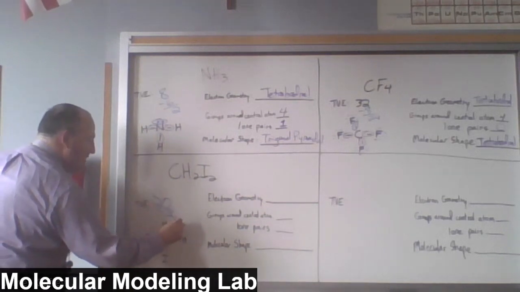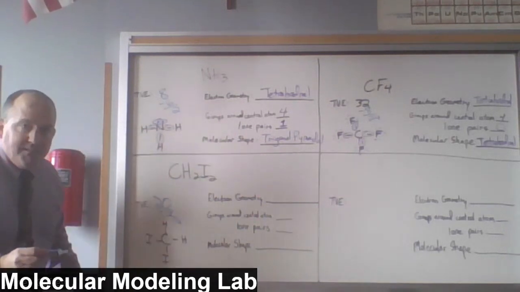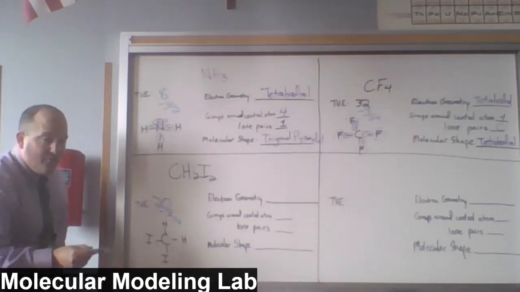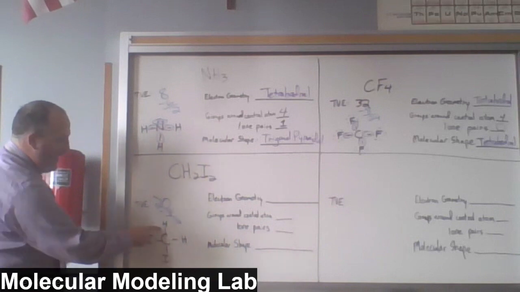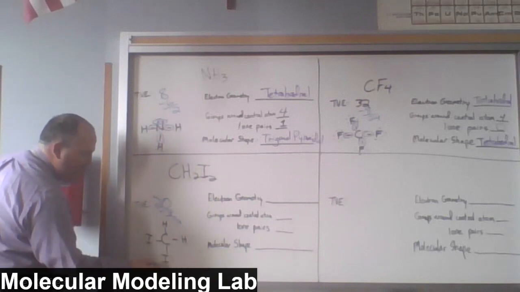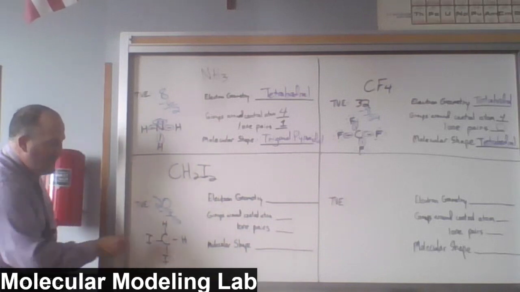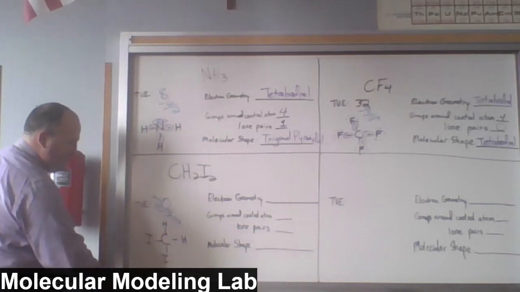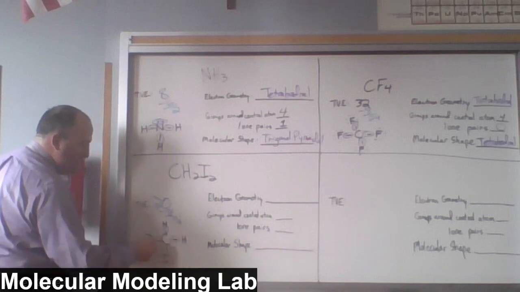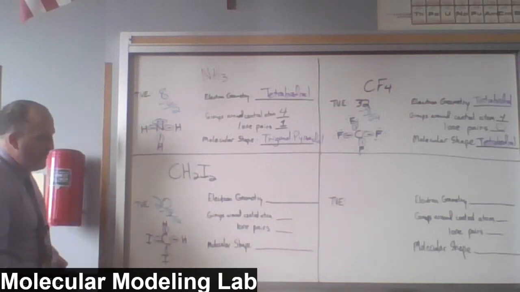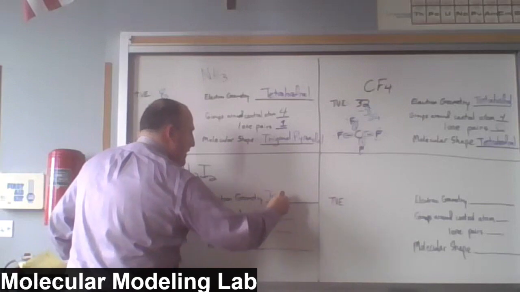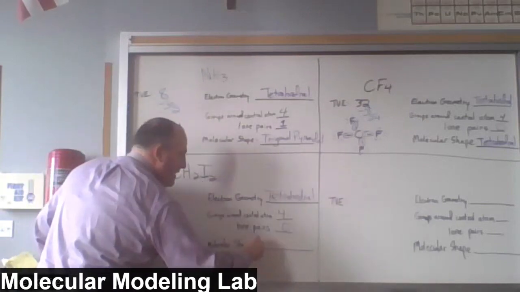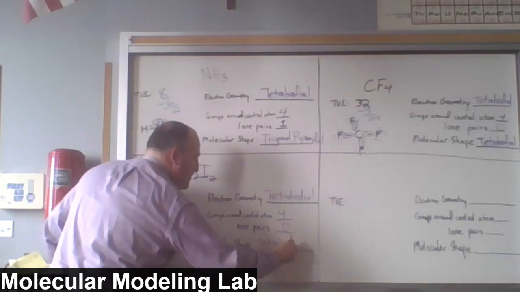That connection took 4 single bonds, which consumes 8 valence electrons. We have 12 left over. Hydrogen is satisfied by its bond to the central atom, but iodine needs more electrons. If you put 6 around each of the 2 iodines, that's a good structure. Okay, just like the previous couple, we have 4 electron groups, and once again, it's tetrahedral geometry with no lone pairs. And in that case, the molecular shape is tetrahedral.